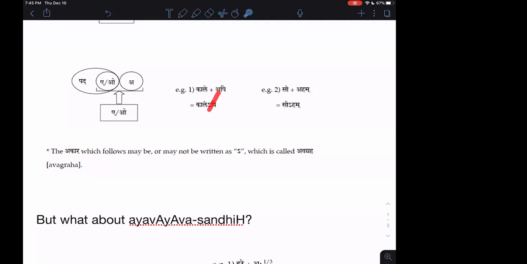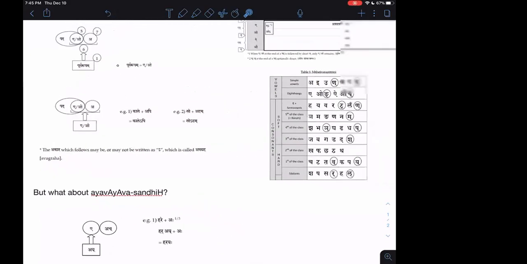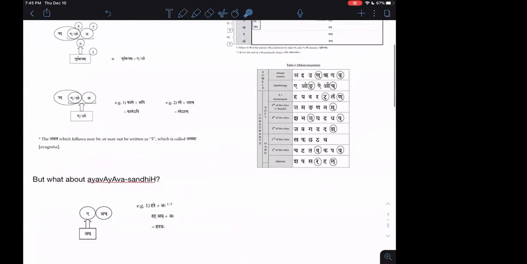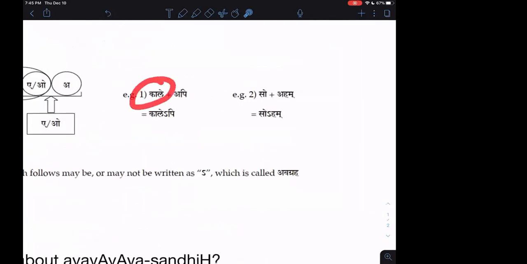So if you break the sandhi, then you know it's kale plus api. Kale plus api. So there's a question about kale, kala plus aya. Well, kale is just, right? It's kala shabda, just like Rama shabda, 7-1.